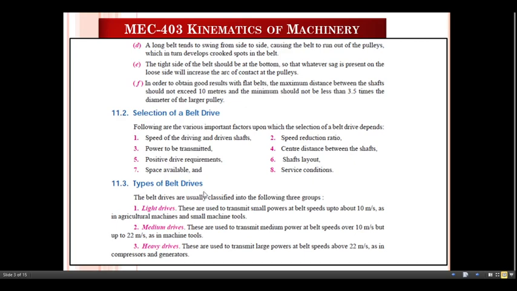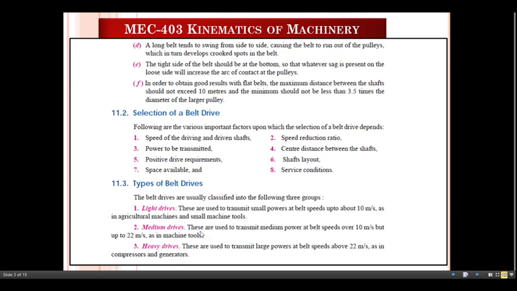So, types of the belt drives. First one is the light drives, then medium drives, and then heavy drives. Light drives are used to transmit small powers at belt speeds up to about 10 meters per second, as in agriculture machines and small machine tools.